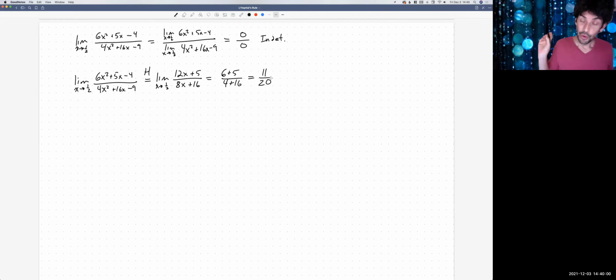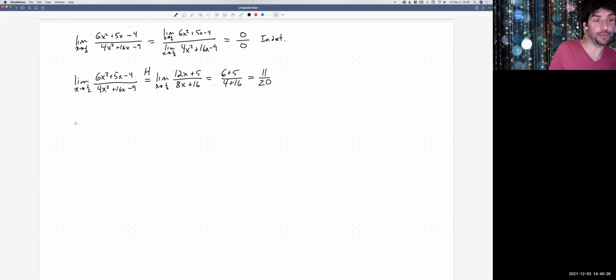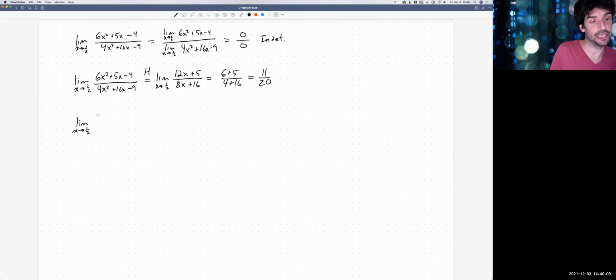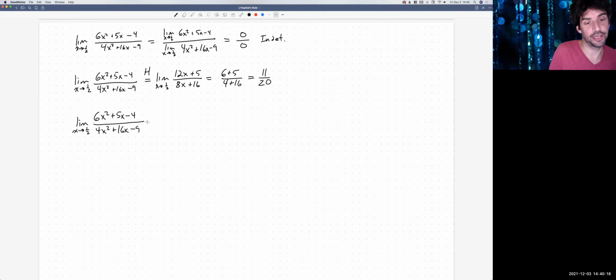Okay. This is not the only way to do this one. I just want to point out this we could have done with one of our old methods, and let's do that and see if we get the same thing. So if we had noticed, we can factor the numerator and the denominator here.